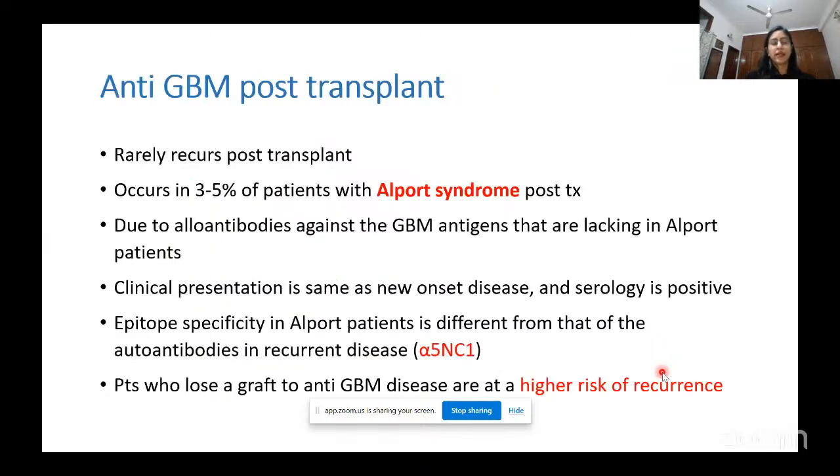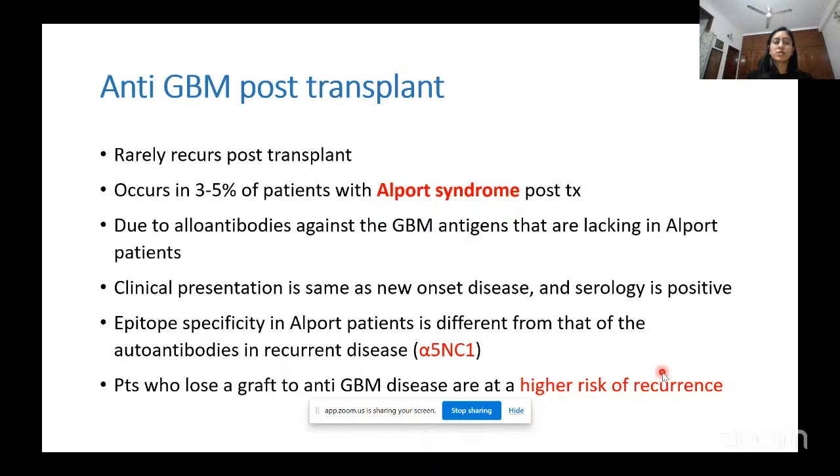Coming to anti-GBM disease post transplant. These per se usually rarely recur post transplant, but there is an important caveat. 3 to 5% of patients with Alport syndrome can present with anti-GBM disease post transplant, and this is because of alloantibodies against the GBM antigens, which are lacking in an Alport patient.